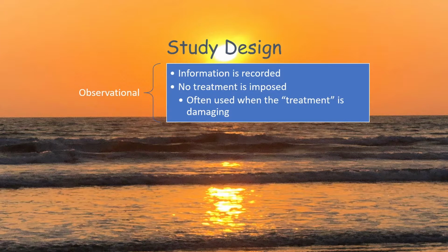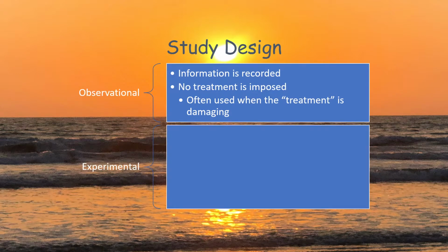So for example, if you want to see if there's some correlation between smoking and lung cancer, you're not going to have somebody trapped in a room smoking for 10 years and then record data about whether they get lung cancer. That wouldn't be very ethical, right?